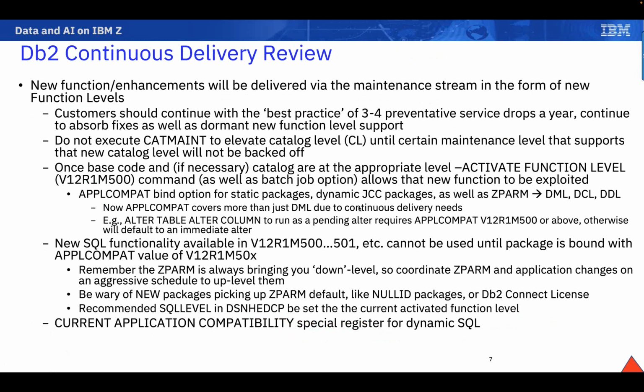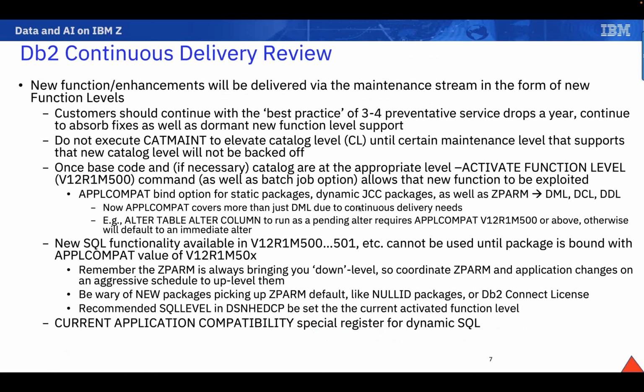So the recommendation would be to do your maintenance 3 or 4 times a year, and when you elevate your maintenance level, stay at least 1 cycle behind on your catalog level, or at the very least to the point where you're not going to back off the DB2 maintenance. Then you can elevate your catalog level.